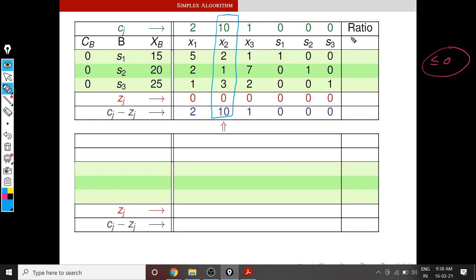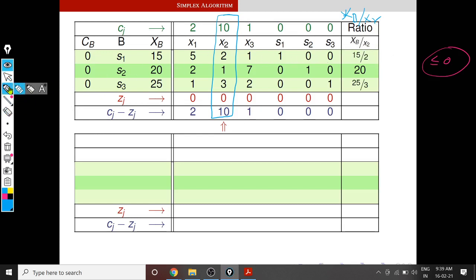This ratio is XB by the corresponding entering column, here x2.